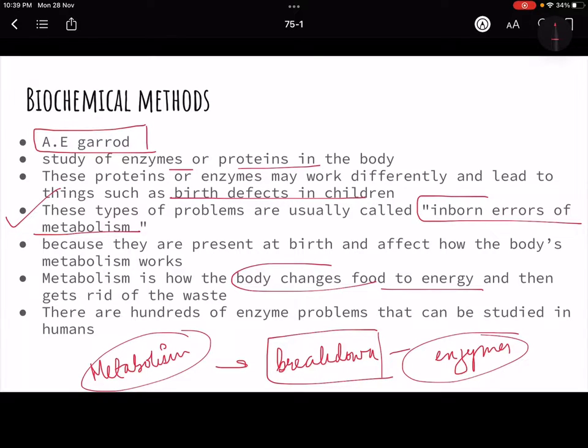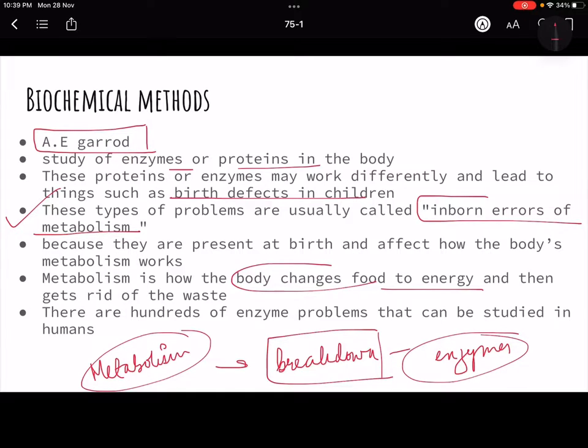So in our body, enzymes and proteins have a lot of important roles to play, and sometimes if there is any anomaly, or an enzyme may not be functioning properly, that can create certain birth defects and certain diseases, right?